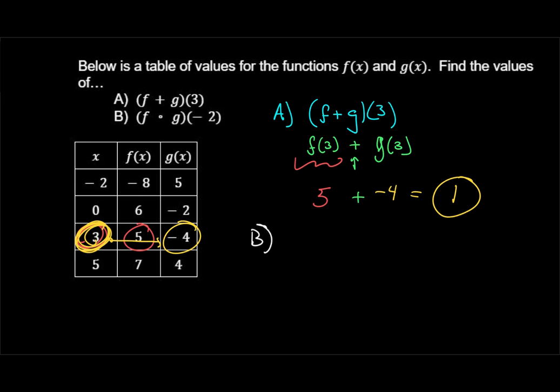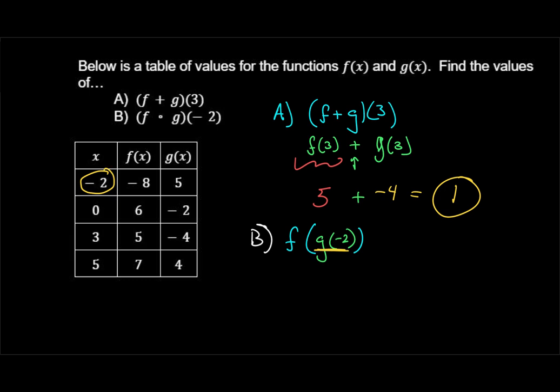For part B, since it's composition, we're going to have f of g of -2. We're going to start by dealing with the inside, g of -2. The x value of -2 is right here.